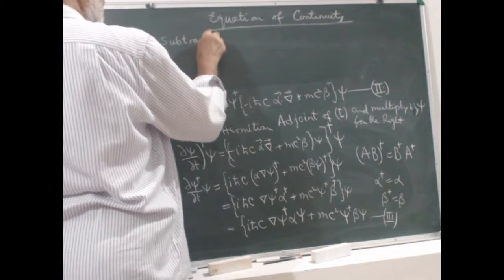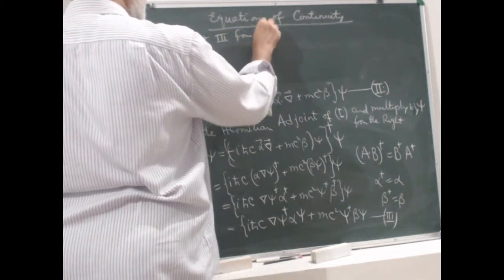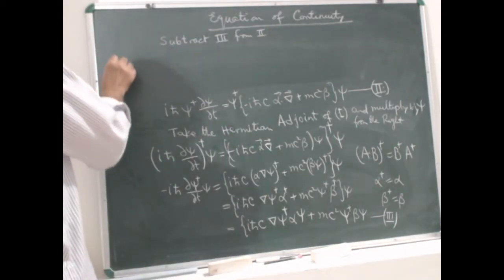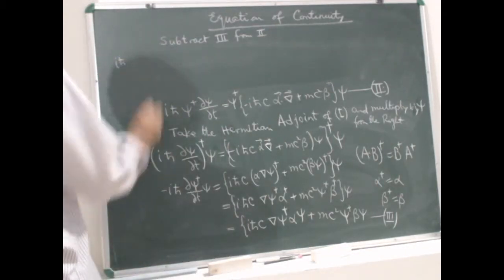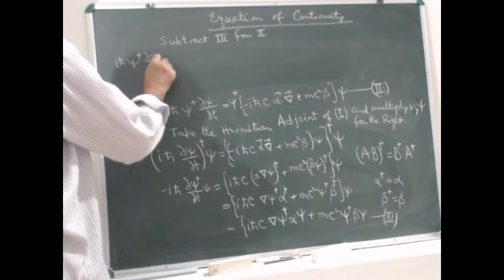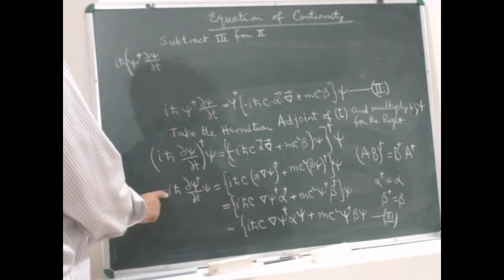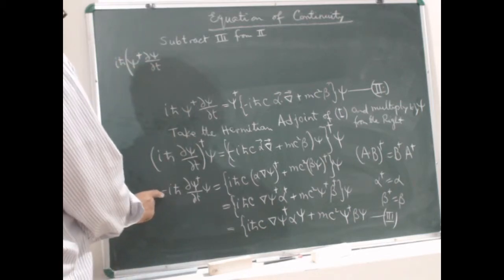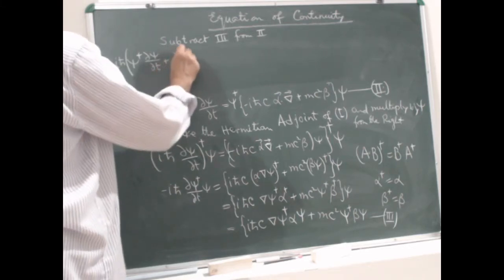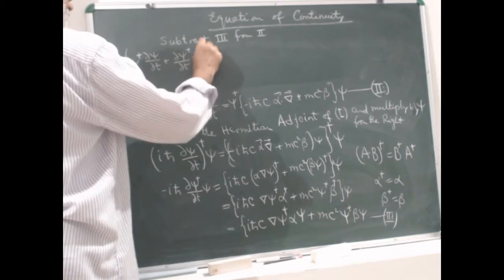On the left hand side we have iħ ψ† ∂ψ/∂t. Take iħ common. This subtracted, this minus becomes plus. i is taken out. So this is ∂/∂t of ψ.